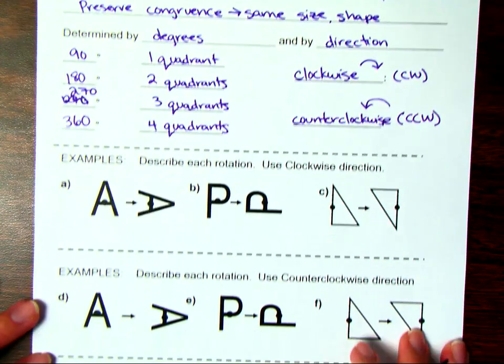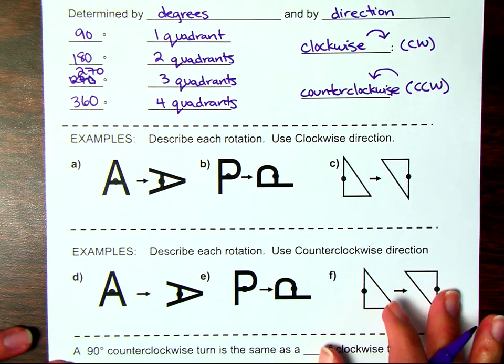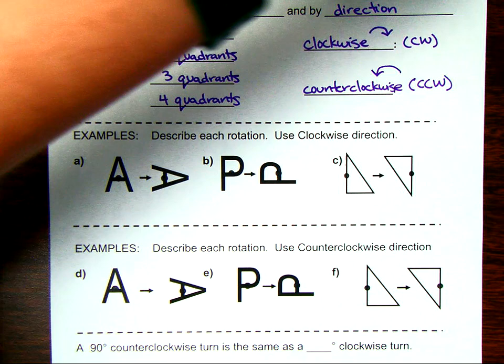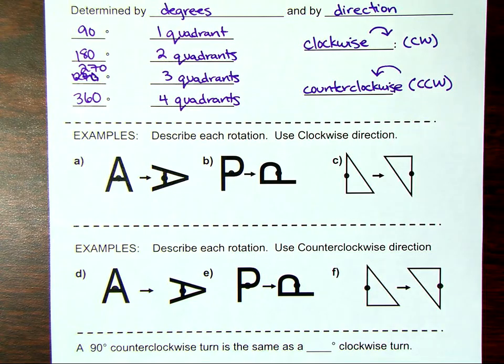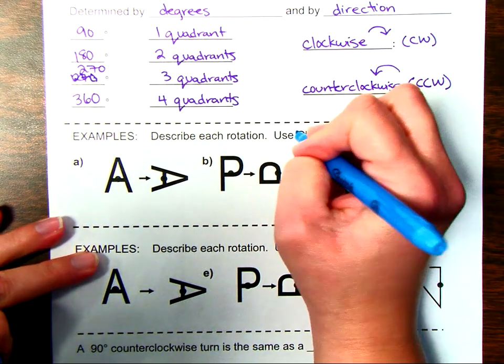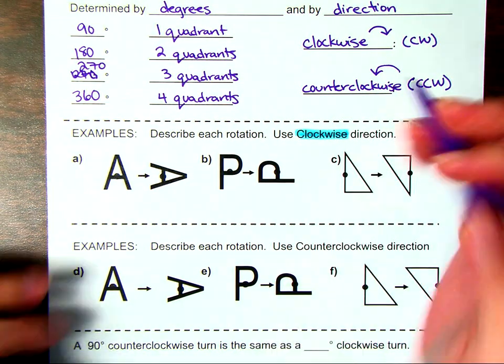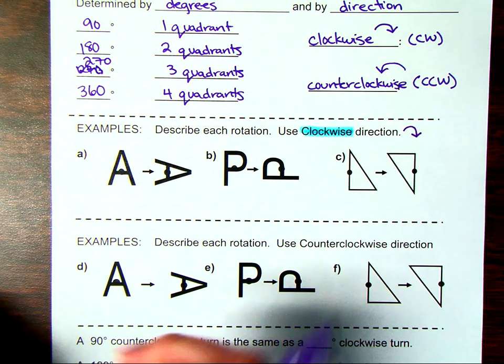Okay? So let's describe these rotations. We have to read the directions because this one says right here to use the clockwise direction. So if that says clockwise, that makes a difference of what numbers we're going to use.